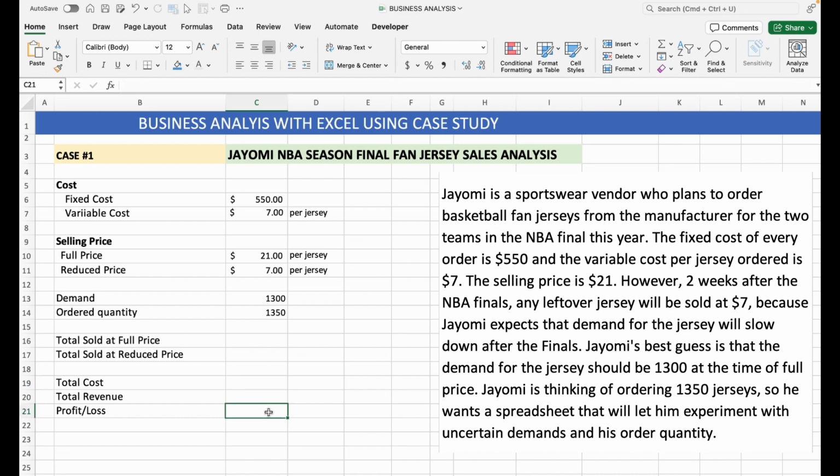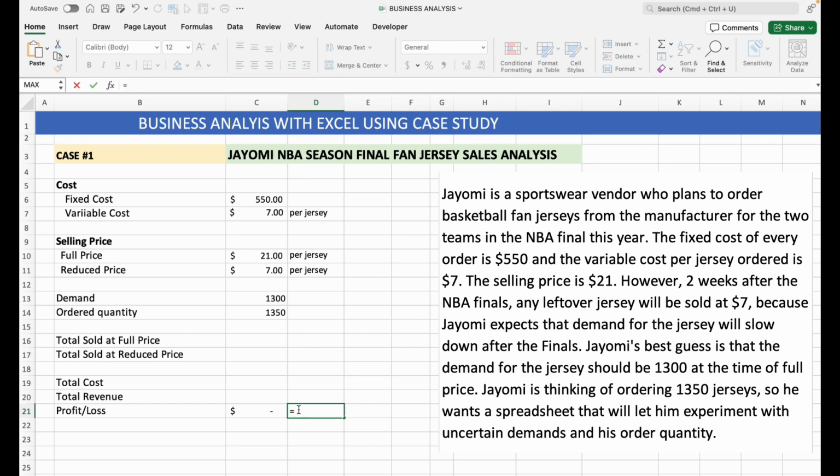So it is expected that whatever we are doing, our profit and loss calculation should be very simple. It should just be your total revenue minus your total cost. Currently it's 0. But let me format this as a currency.